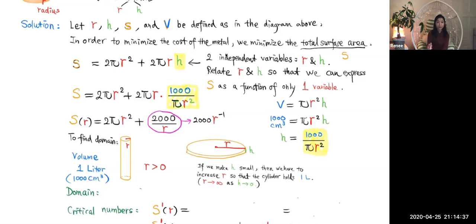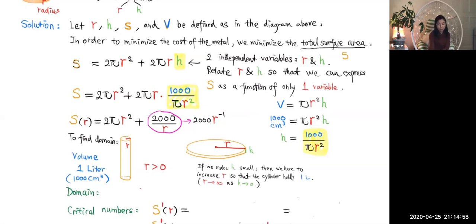I can make the radius very small, but then I'll increase the height, and it still holds 1 liter. But the R here cannot be negative and cannot be 0.